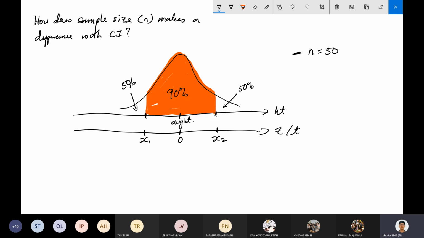So far, so good. So you have to be able to convert between these two axes. Okay, so this is a very important step. Now, this relies on your standard deviation or your standard error.